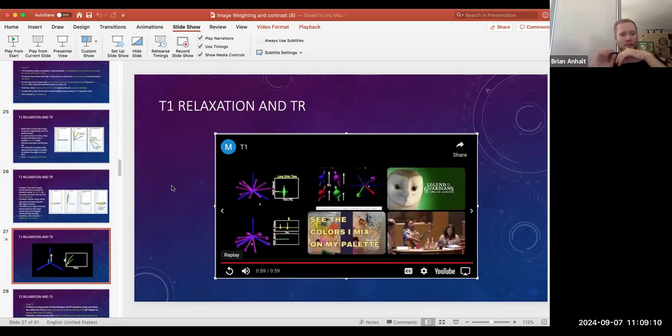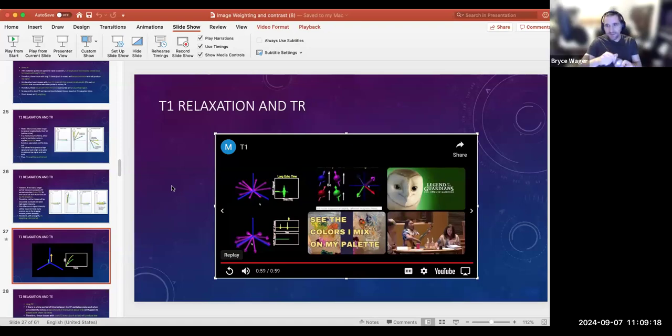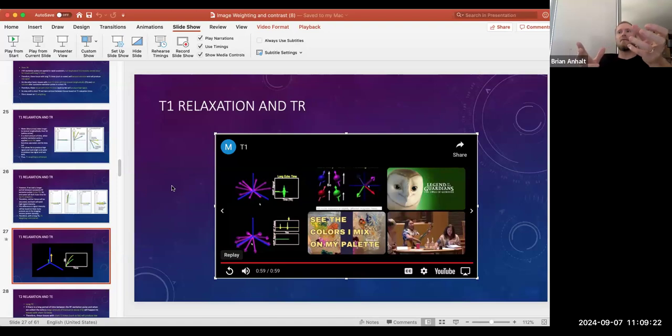So to get a T1 weighted image, we need to prescribe a low TR, short TR. We need to not allow tissues that have long T1 times to fully recover, right? So it should be as simple as this.